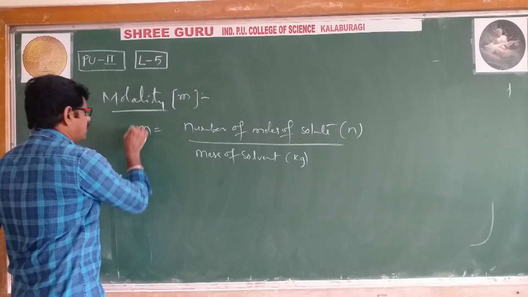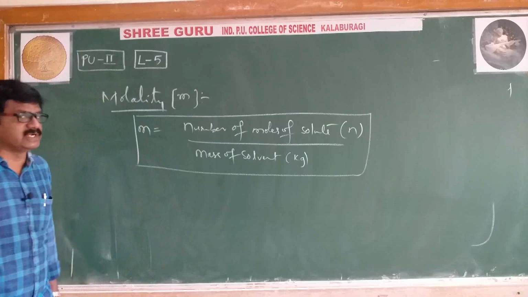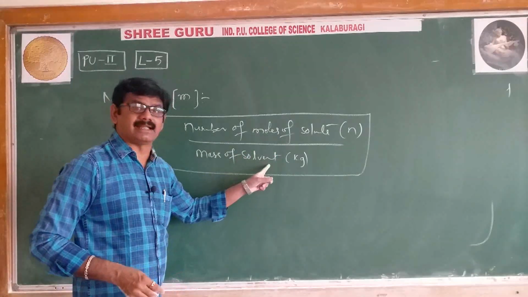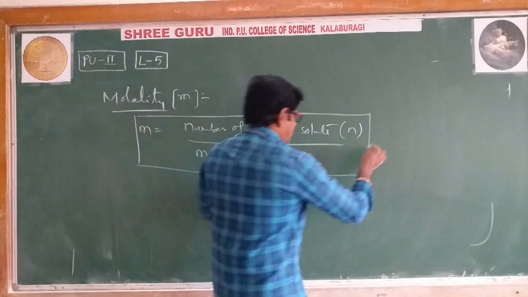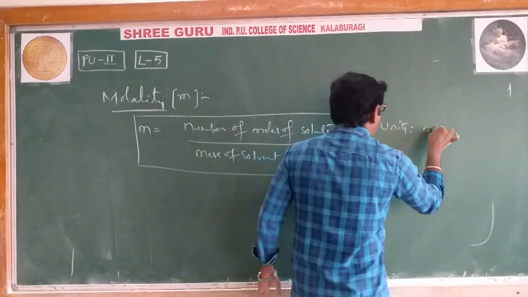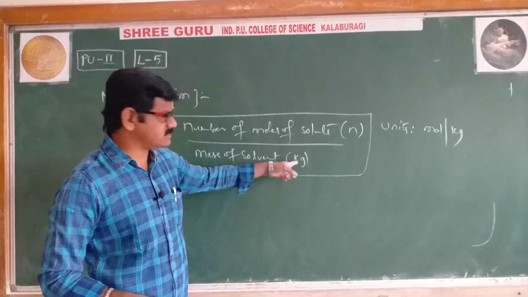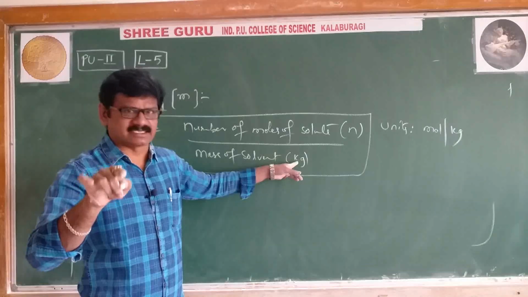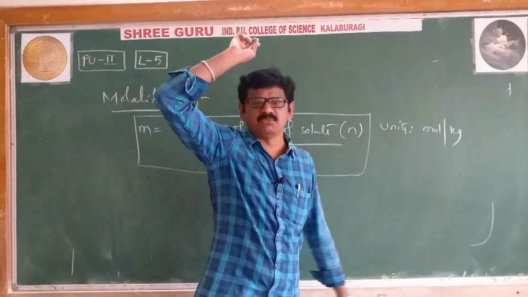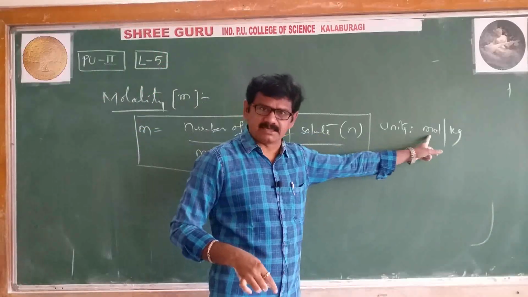This is the basic formula. Therefore, we can write its units also based on this. What are the units? Mole per kg, because in the denominator the mass term is in kilograms. What was the molarity unit? Mole per liter. Here it is mole per kg, right?